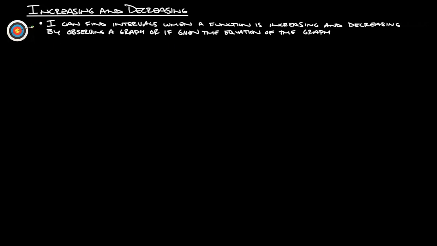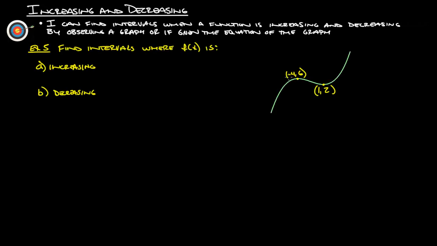Okay. Let's take a look at a little example here, and we're going to find intervals when f of x is increasing and decreasing. So think of this as having arrows on both ends, so it's going on forever and ever each way. I'm just going to draw little increasing and decreasing arrows on this.